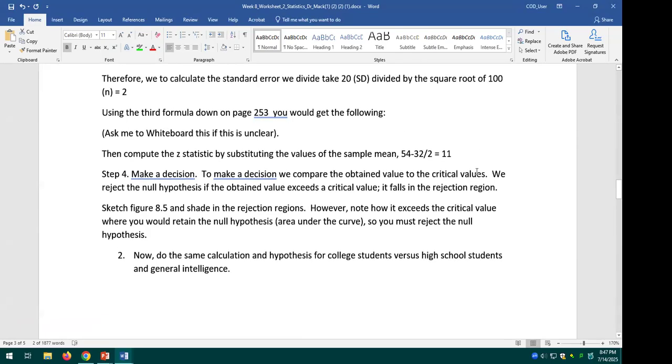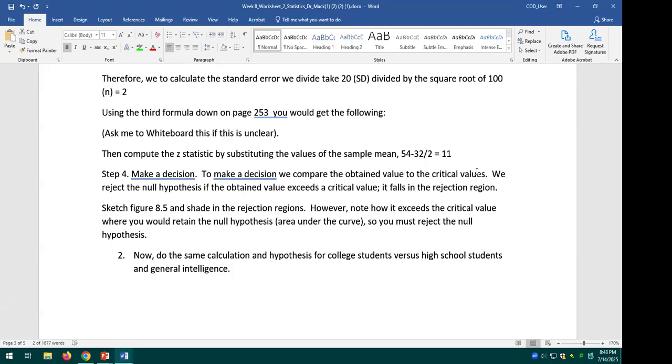So our Z obtained value is equal to 11, and our Z score was 1.96. So now we know it's over here. So what do we do? Reject the null hypothesis because it's at the 1.96 or higher. It happens to be on this side. If it was negative 11, it'd be over here. If it was between negative 1.96 and 1.96, we would retain the null hypothesis.